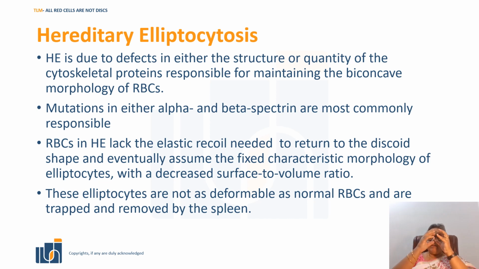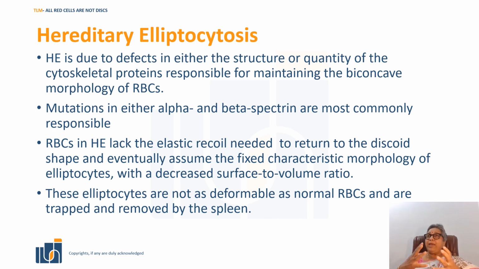So when a particular protein that forms the cytoskeleton of the RBC is either less in number or it is defective, then it will not be able to form the biconcave structure of the RBC. The most common abnormalities are mutations in either alpha or beta spectrin.